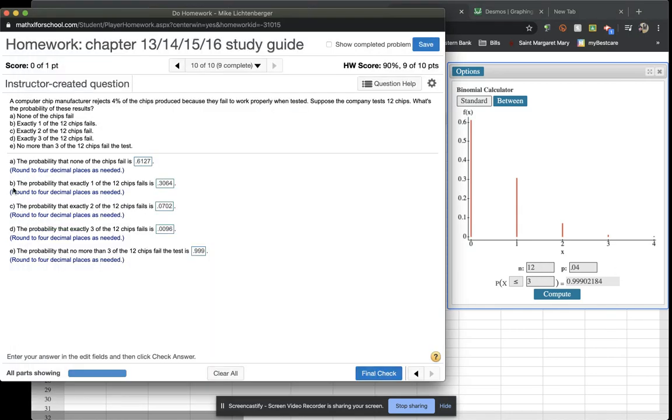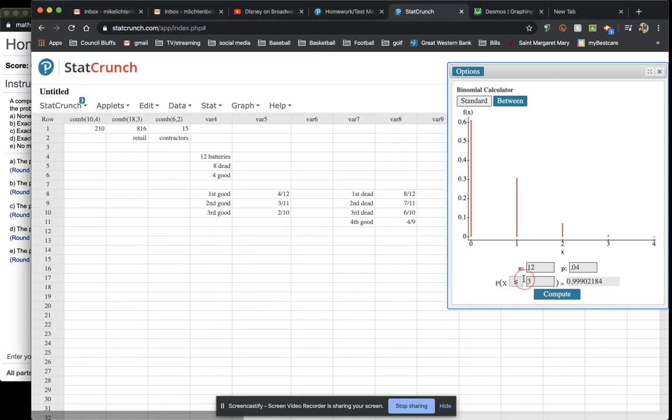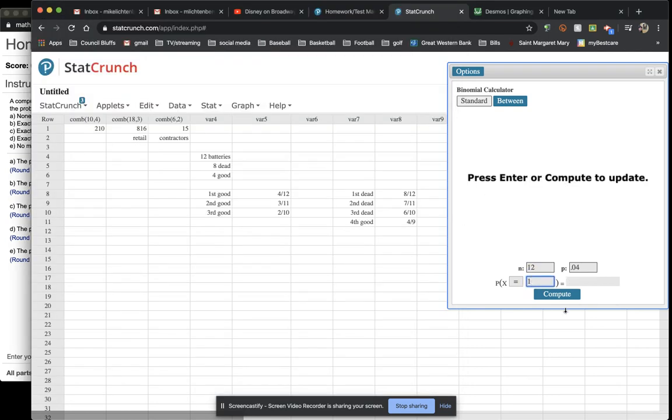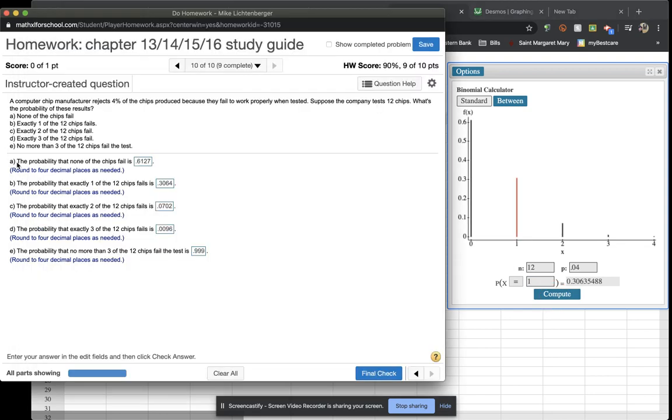Let's double check these again. Okay, so I have 12 chips, 4%. So let's just double check that I rounded correctly. 0.6127. Yep. Let's change that to a 1. 0.3064. Okay, so I rounded that correctly.